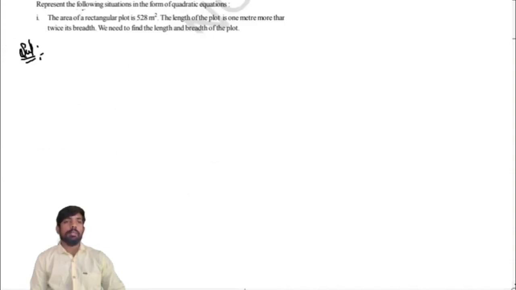Here we have: represent the following situations in the form of quadratic equation. It is only asking to represent the situation in quadratic form. Now here given, the area of a rectangle. This is a rectangle plot.